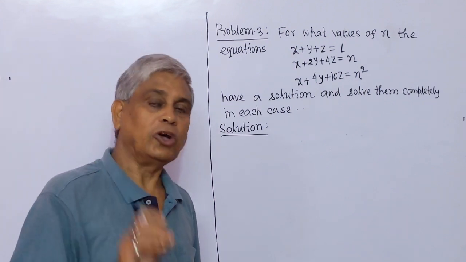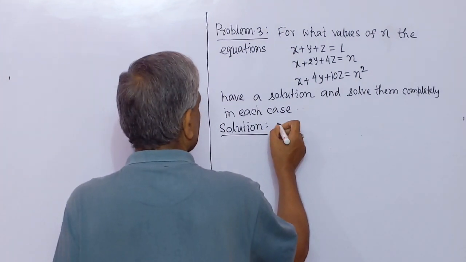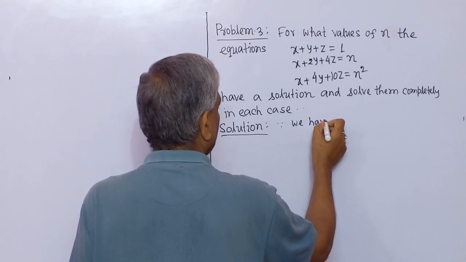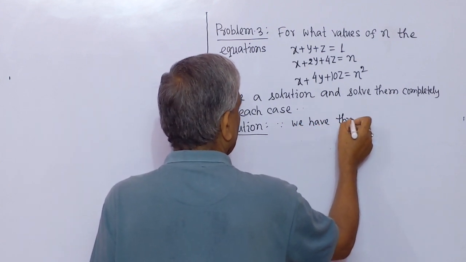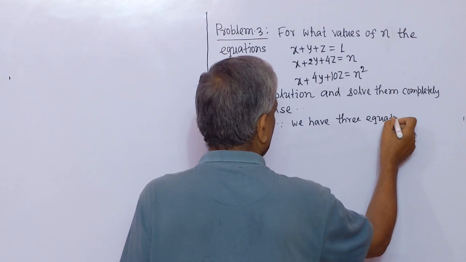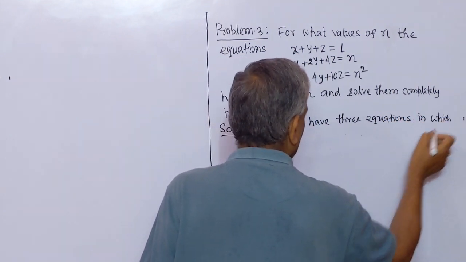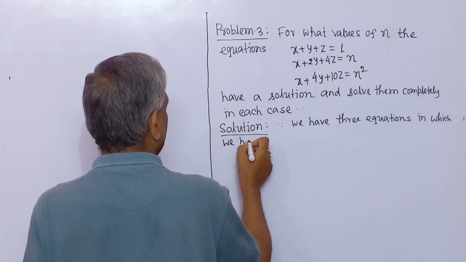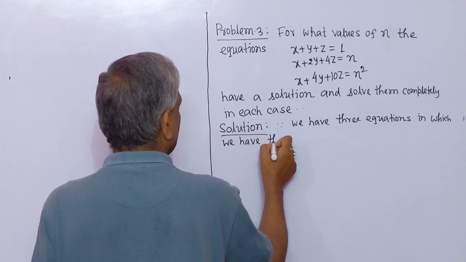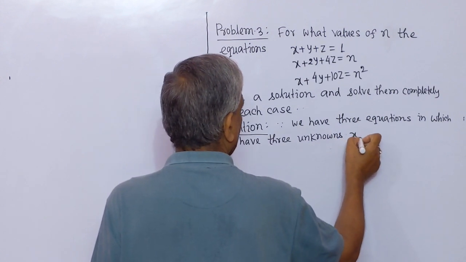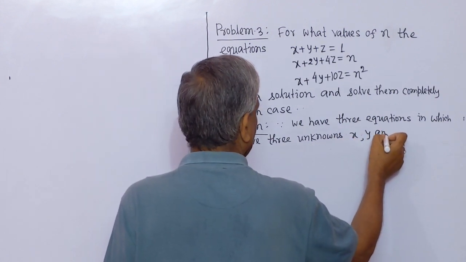Now we solve this. Since we have three equations in which we have three unknowns x, y and z.